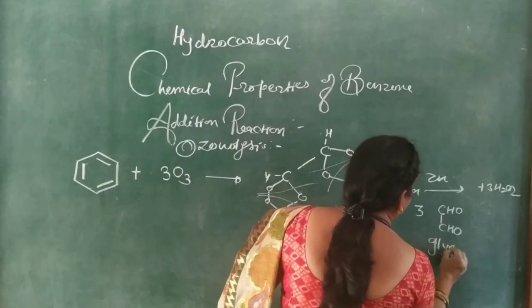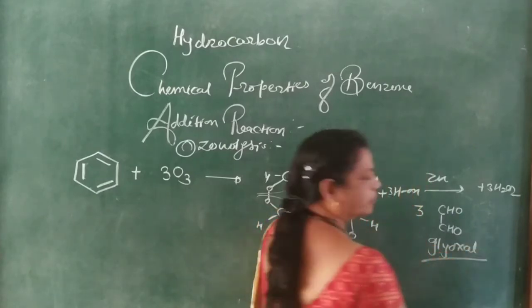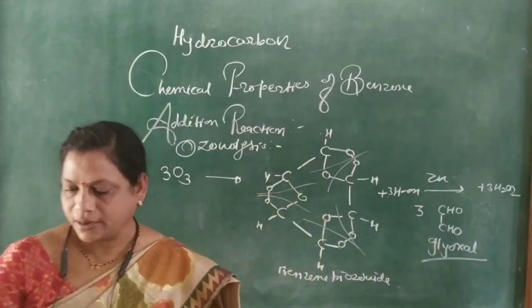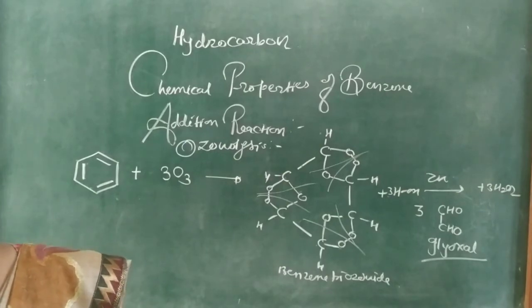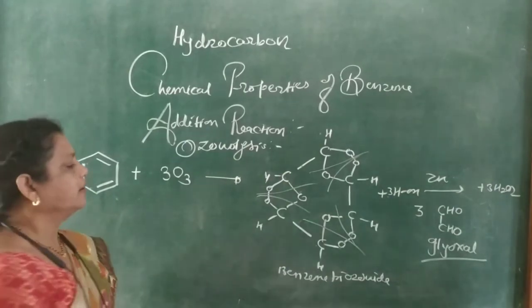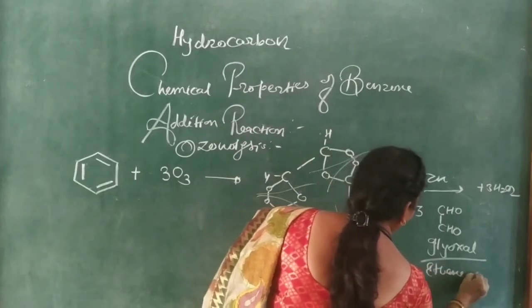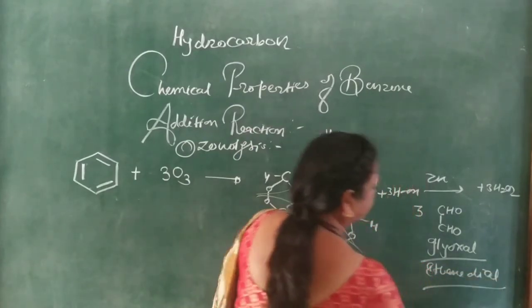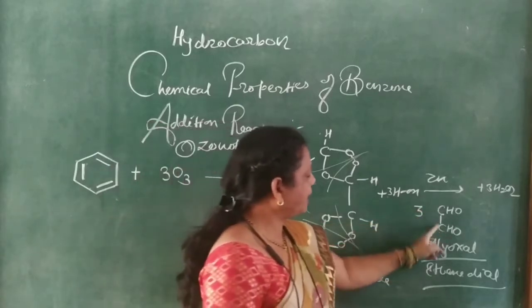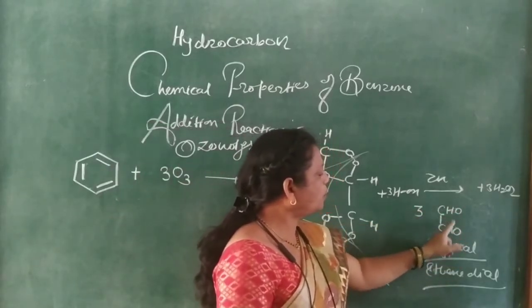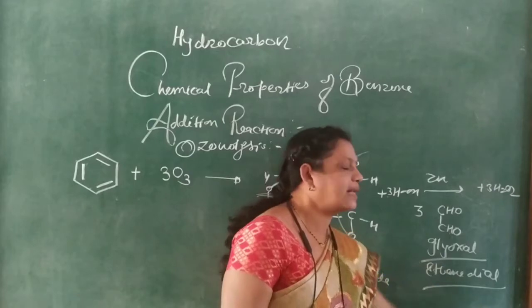This is called glyoxal, also called ethane dial. Because of 2 carbon atoms, ethane, there are 2 aldehyde groups, therefore it is called ethane dial.